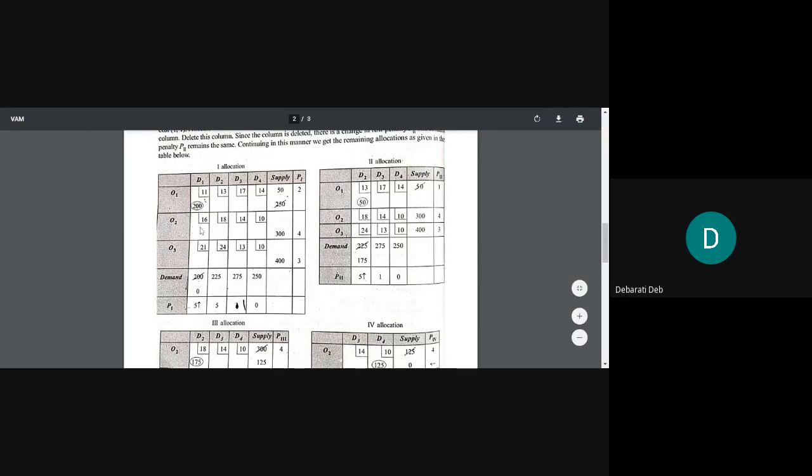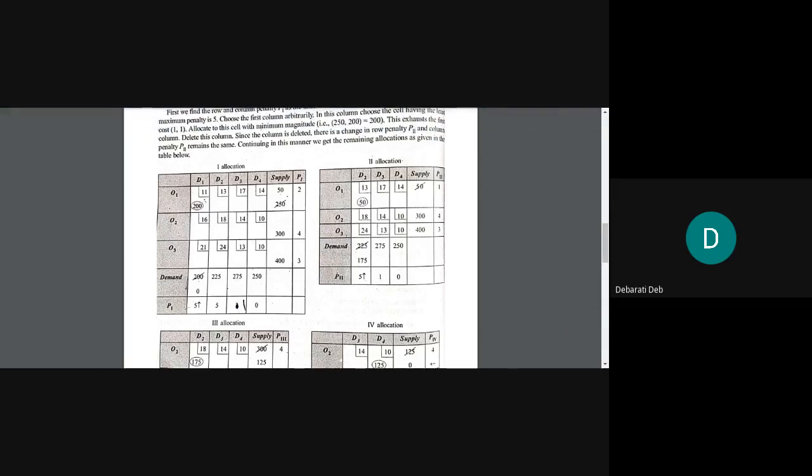So 16 minus 11, that is 5, we will write. Corresponding to P1 in the row side, in the first box, you will have to write 5. That is 16 minus 11, the difference between the second lowest cost and the lowest cost in the column D1.